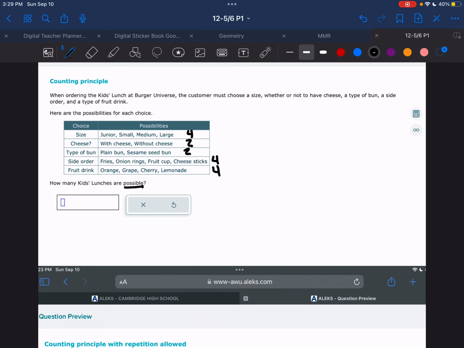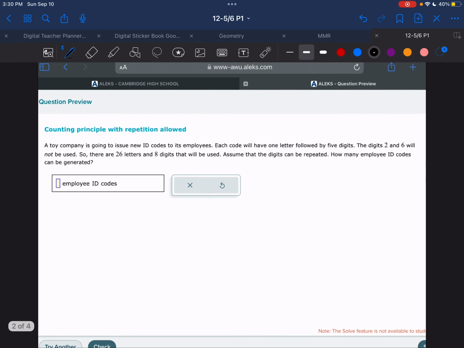And I'm just going to multiply those together. So to find my answer, I would do 4 times 2 times 2 times 4 times 4, which when I do that, you will get 256 total options.